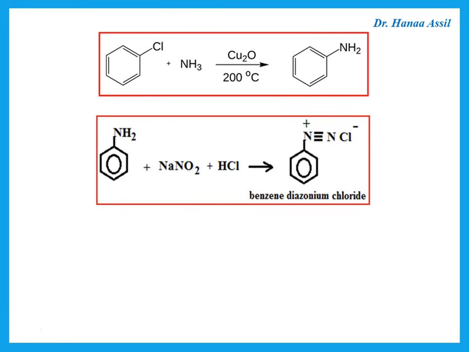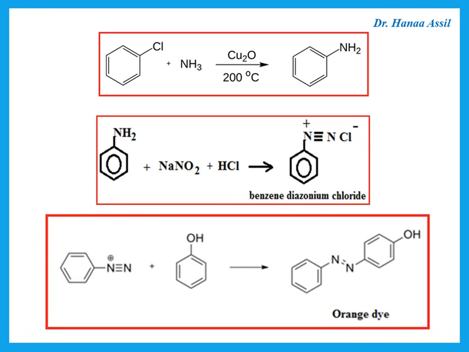And we said to change the NH2 to a diazonium chloride, we react it with sodium nitrite in HCl. And then this benzene diazonium chloride, I can react it with something like phenol in order to make an azo dye, which we said is a colored dye, orange or yellow.